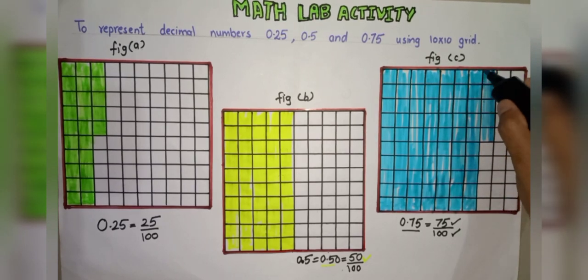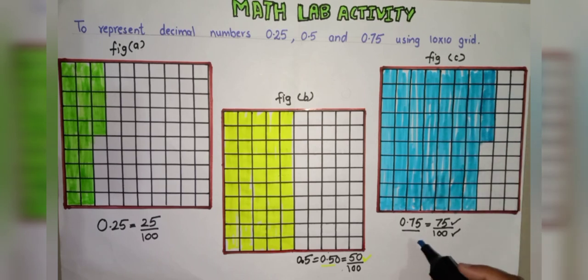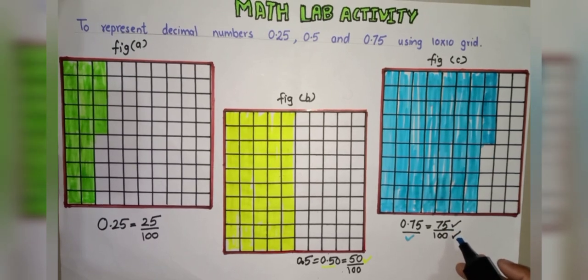So here the shaded squares represent the decimal number 0.75. That means 75 out of 100.